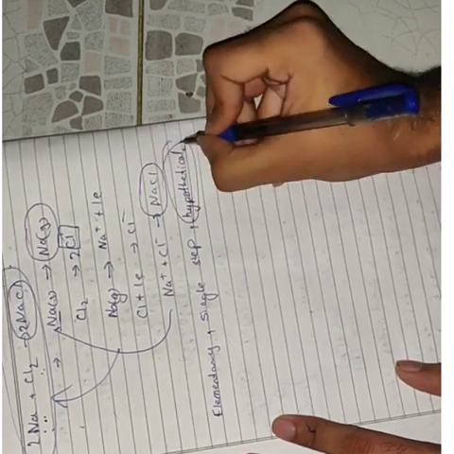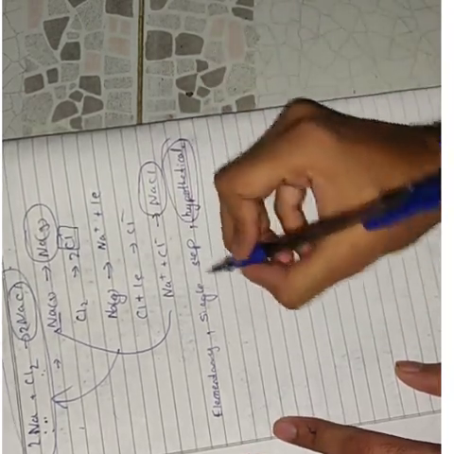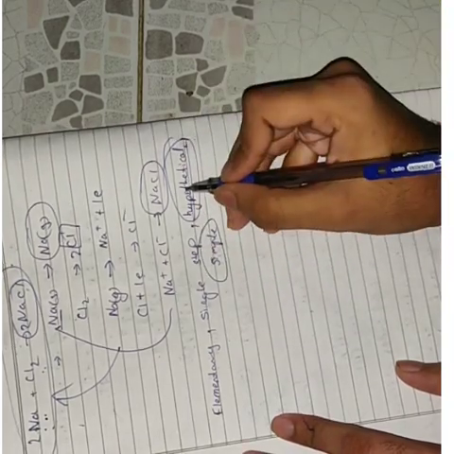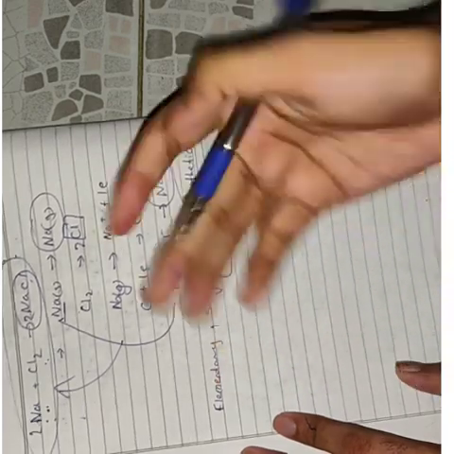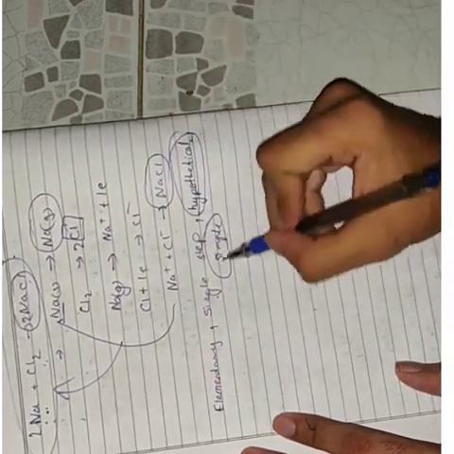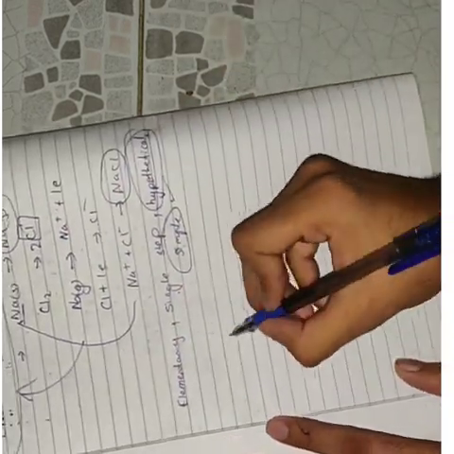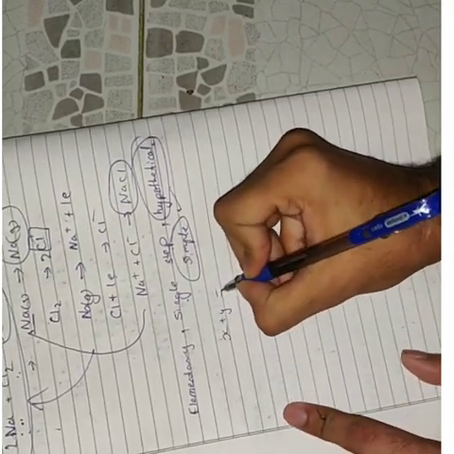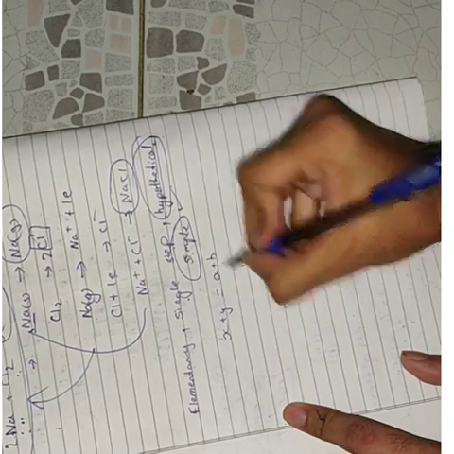When nothing is mentioned, you have to assume that it's a simple reaction. And in such an elementary or single step reaction, hypothetical or simple reaction, you will find that x plus y will be equal to a plus b.